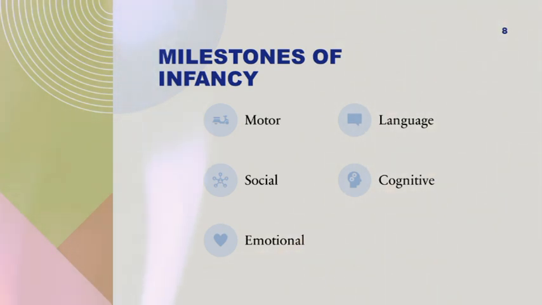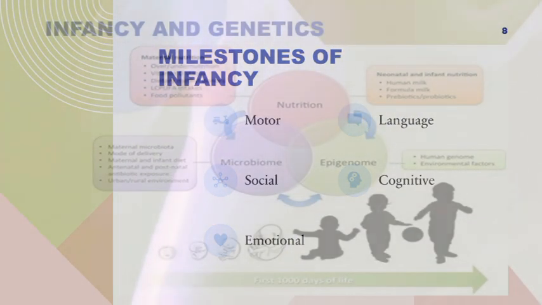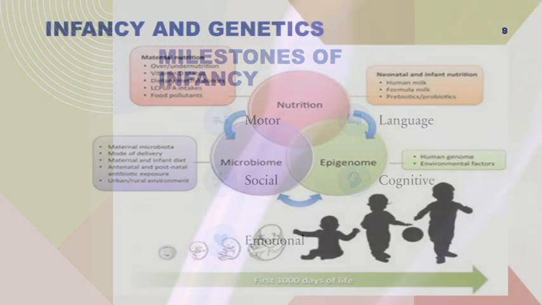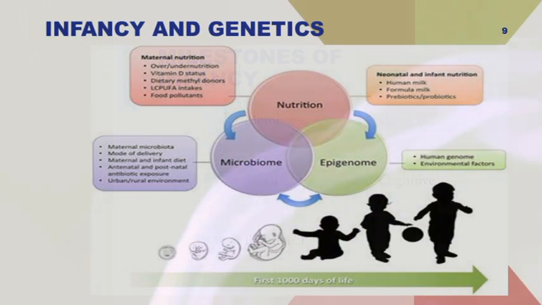And infants show preferences for familiar caregivers. They exhibit social smiles and laughter and display distress when separated from attachment figures. And through responsive caregiving and positive interactions, infants learn to regulate their emotions and develop secure attachments, which form the basis for healthy socio-emotional development.